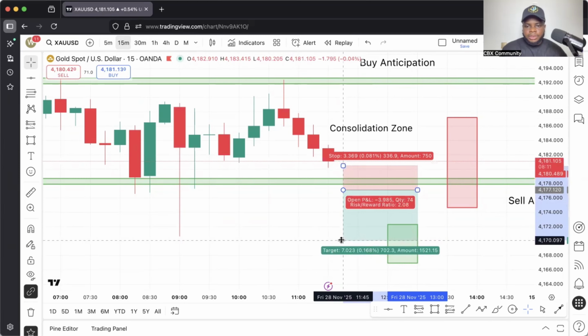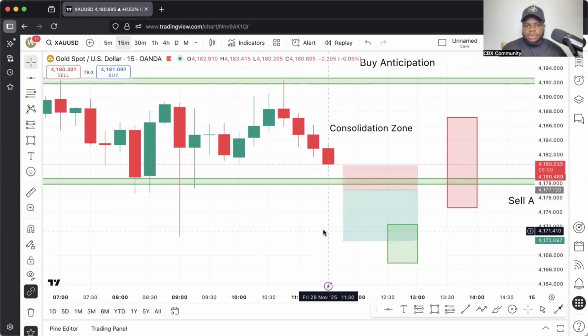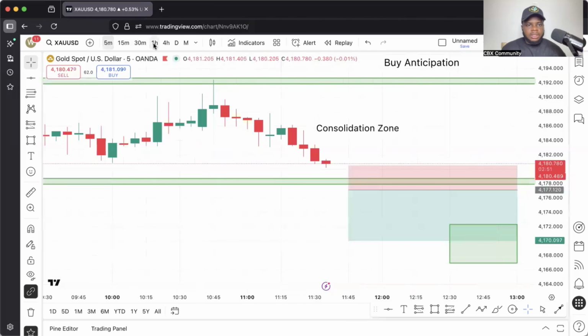So 70 pips. So let's see. The 15-minute candle is left with 8 minutes before this candle will close, and the 30-minute candle is left with 23 minutes, and the 5-minute candle, this is what the 5-minute candle is saying.